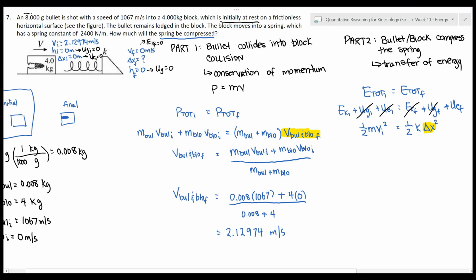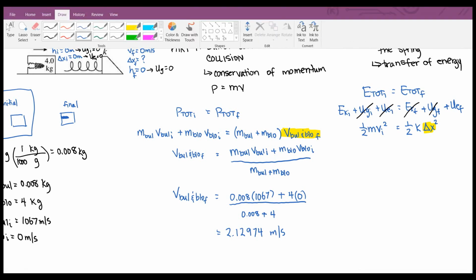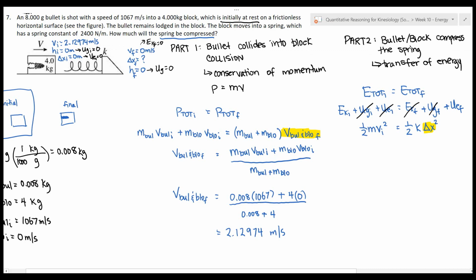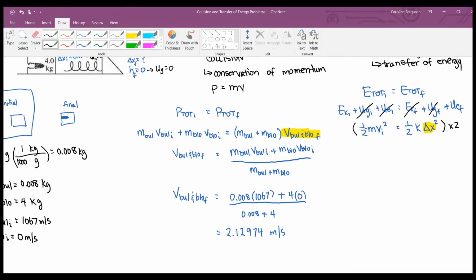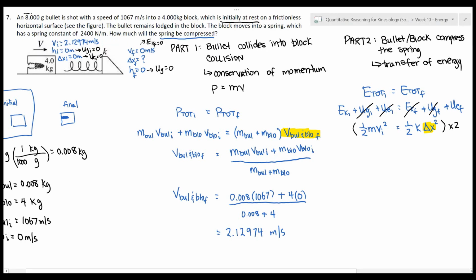So let's rearrange and solve for delta x. Why don't we start by first getting rid of that 1/2? So I'm going to multiply both sides by 2, which is nice because it's going to get rid of the 1/2 on both sides. So 1/2 mv squared times 2 is just mv initial squared. And on the right side, 1/2 k delta x squared times 2 is just k delta x squared.